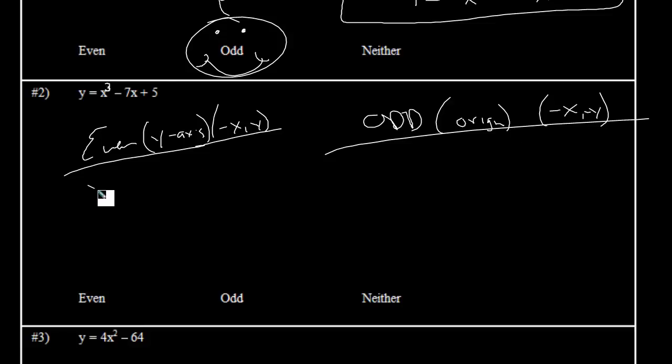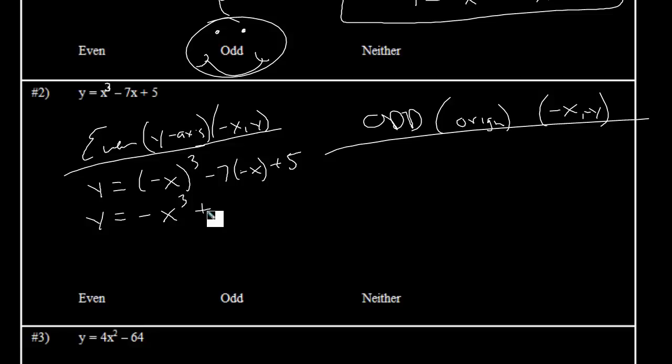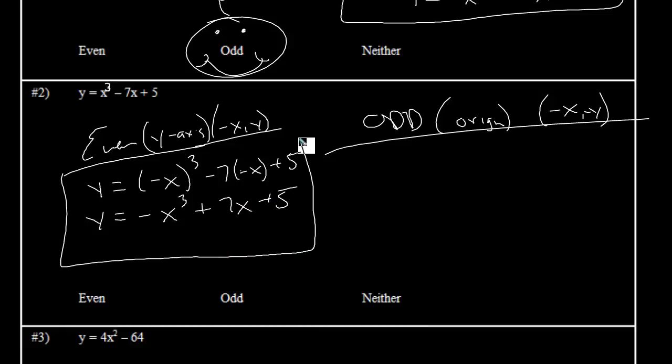So, is it even? We have y equals negative x cubed minus 7 times negative x plus 5. Negative x to the 3rd is an x to the 3rd negative. Negative x times a subtract 7 is a plus 7x. Not the same as the original, not even.